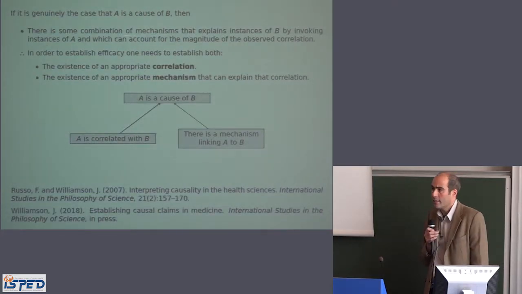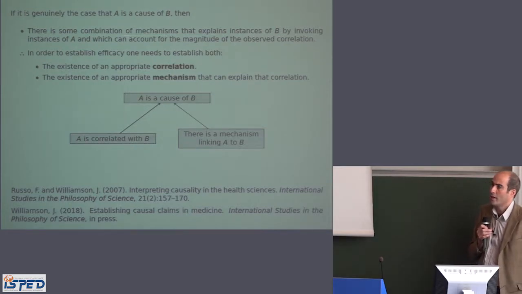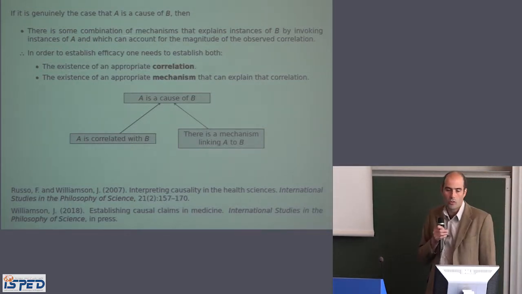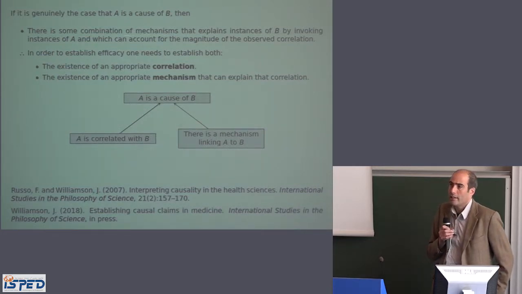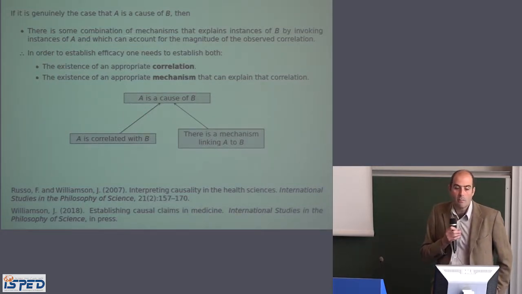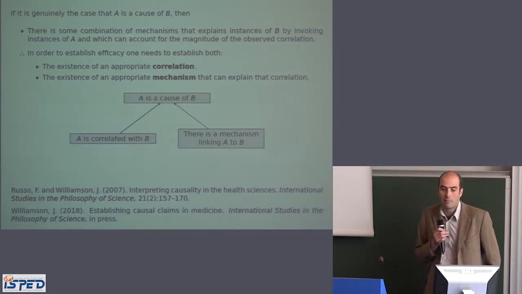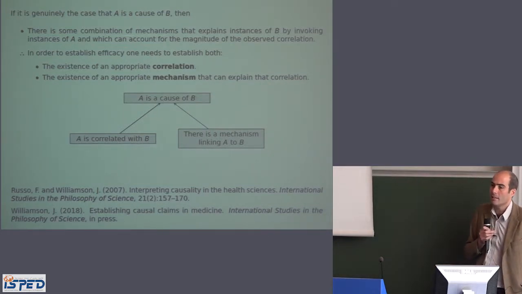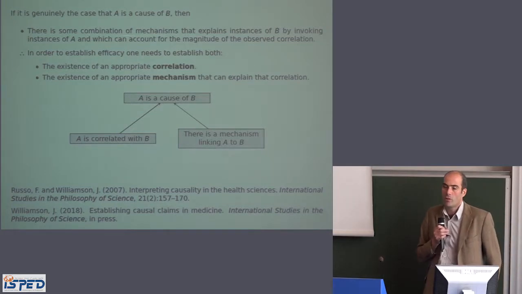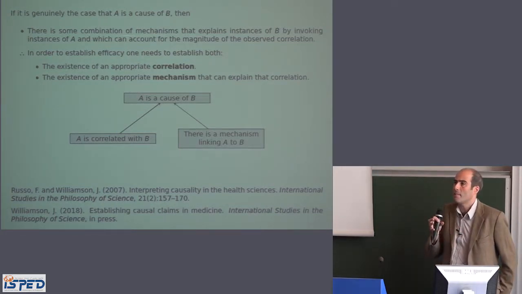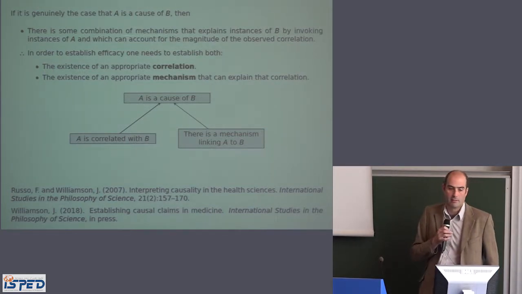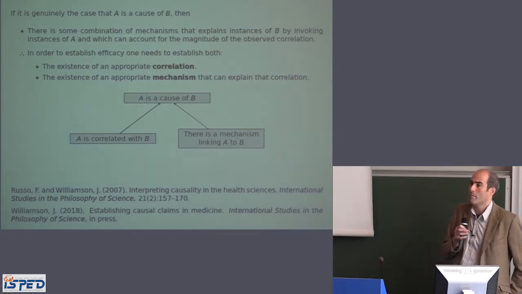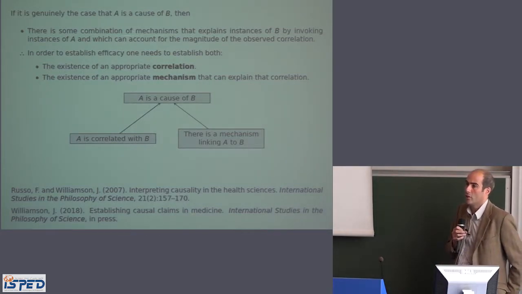Now there's one thing that's distinctive about that topmost explanation of a correlation, the causal explanation. If it's genuinely the case that A is a cause of B, then there's going to be some combination of mechanisms that explains instances of B by invoking instances of A. So there's going to be some mechanism linking A to B that is used to explain B in virtue of A, and that can account for the magnitude of the observed correlation.